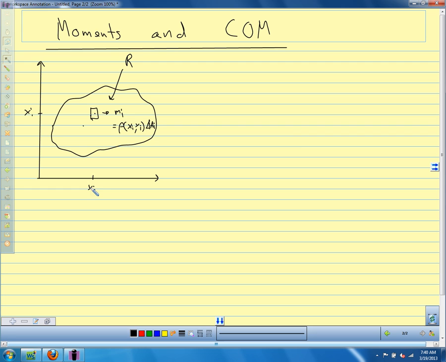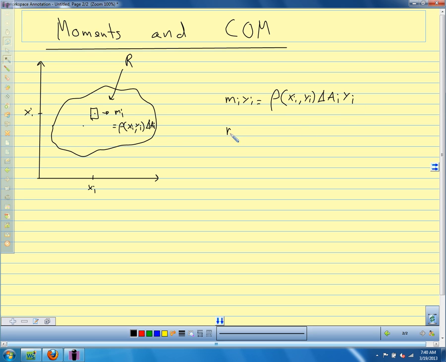And our moment about the x-axis, we're going to say that m sub i times y sub i is going to be our density at that particular location times its distance from the x-axis, which is just y sub i.